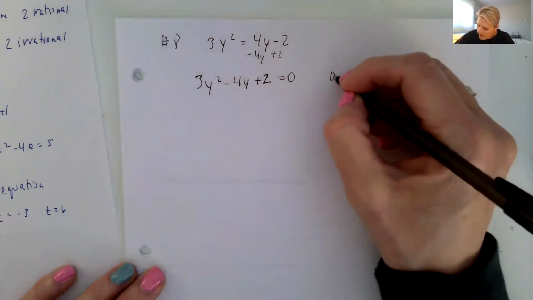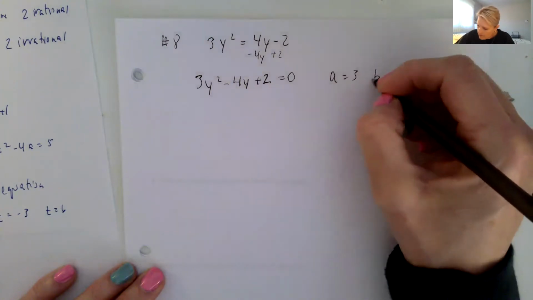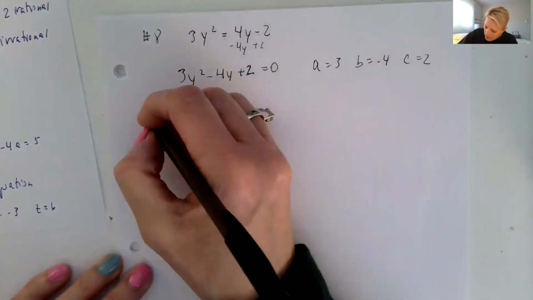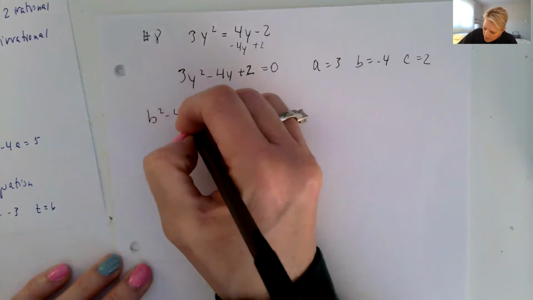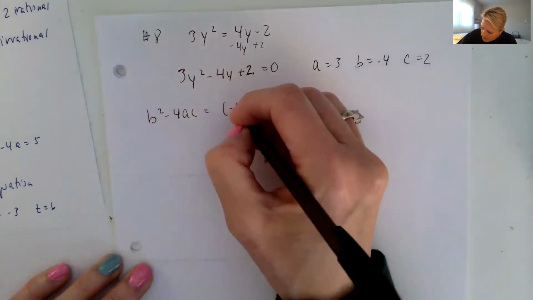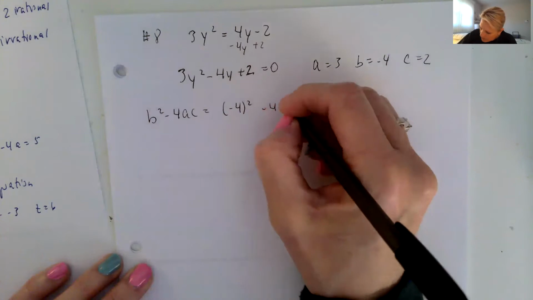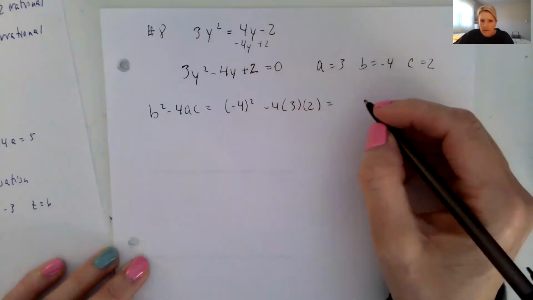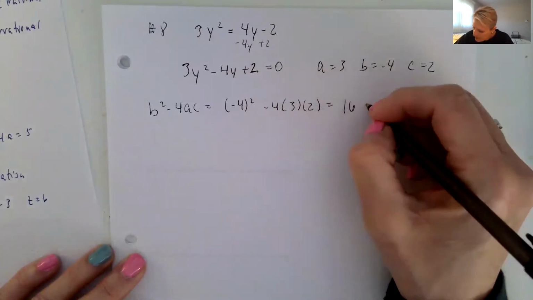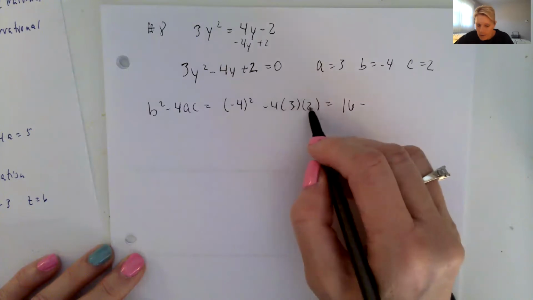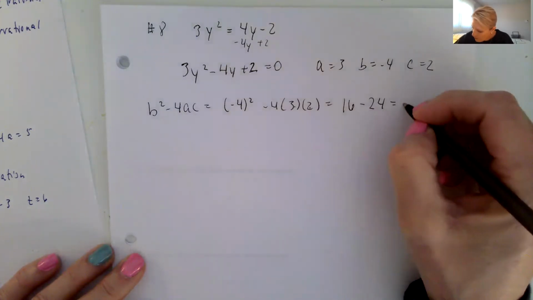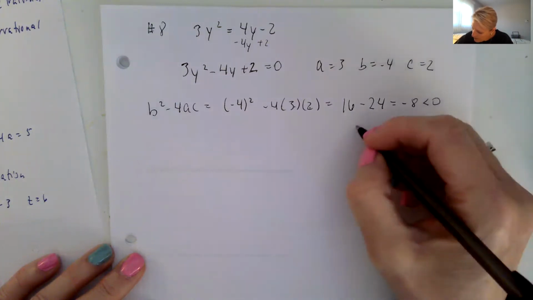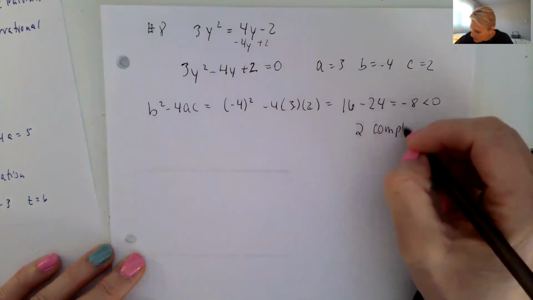So now we can label a is 3, b is a negative 4, and c is a positive 2. So b squared minus 4ac equals a negative 4 squared minus 4 times a is 3, and c is 2. So negative 4 squared is 16, minus 4 times 3 is 12, times 2 is 24. And we get a negative 8, which is less than 0. And so we get two complex solutions.